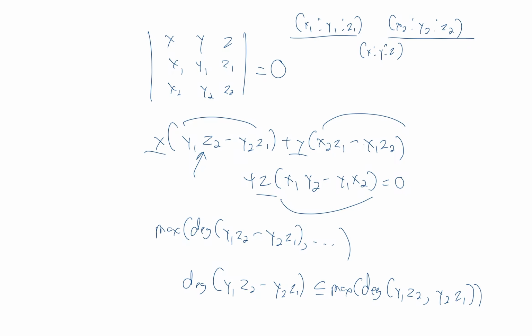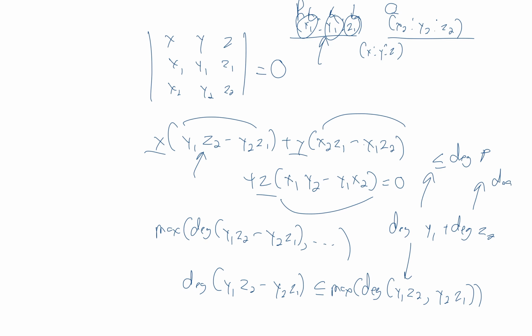And the degree of y1 z2 is equal to the degree of y1 plus the degree of z2, because recall, these are all polynomials of time t. And the degree of this moving point is, by definition, the maximum of the degrees of these. So let's call this p and this one q. This is less than or equal to the degree of p, and this is less than or equal to the degree of q. So this just gives Zach's lemma: the degree of the line is less than or equal to the degree of p plus the degree of q.